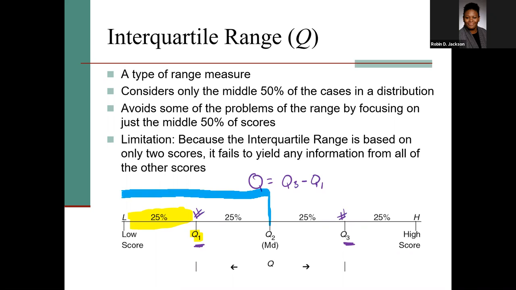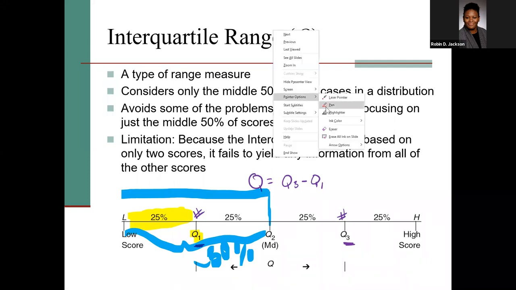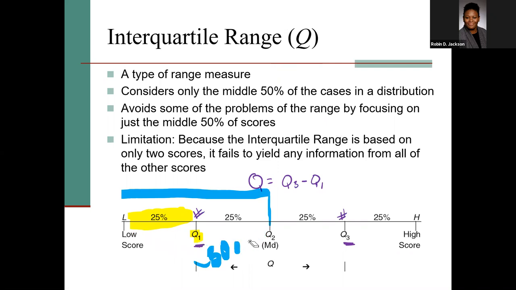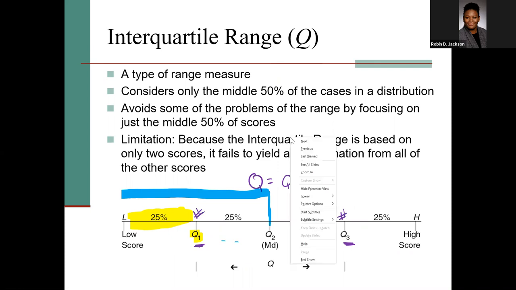All of that would be quartile 2, because you've got 25% and 25%, so that's that 50% that falls below whatever this number is.